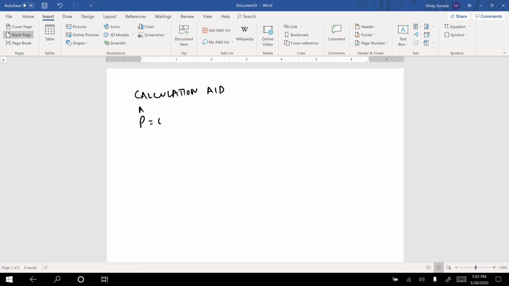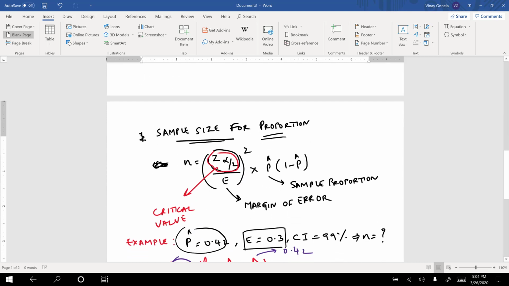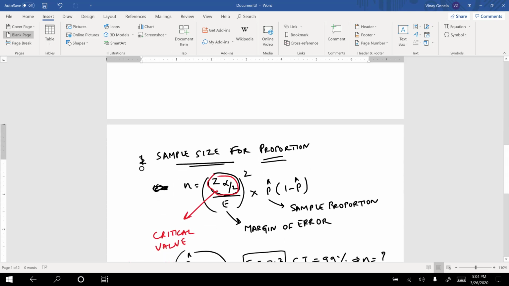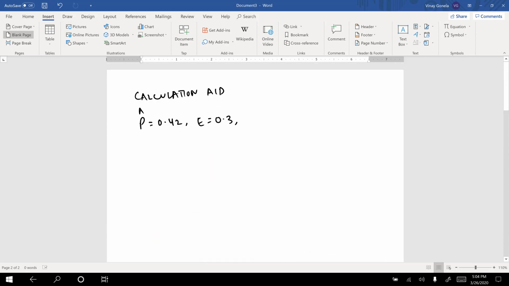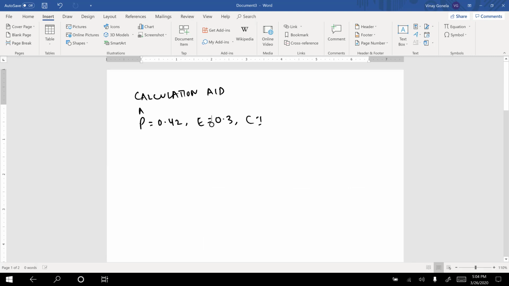P hat is 0.42 and margin of error is 0.3, and confidence interval is 99%, and they are asking us to determine what our n is.